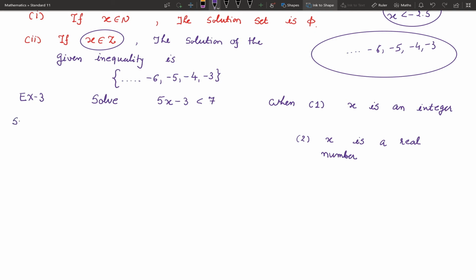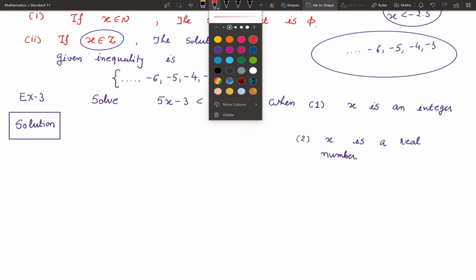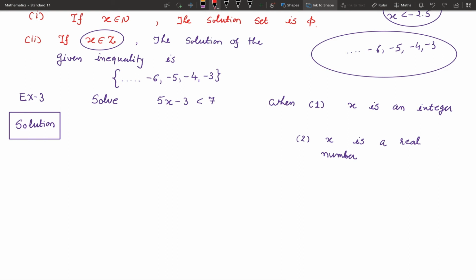So let us solve this inequality. Here two different conditions are given.